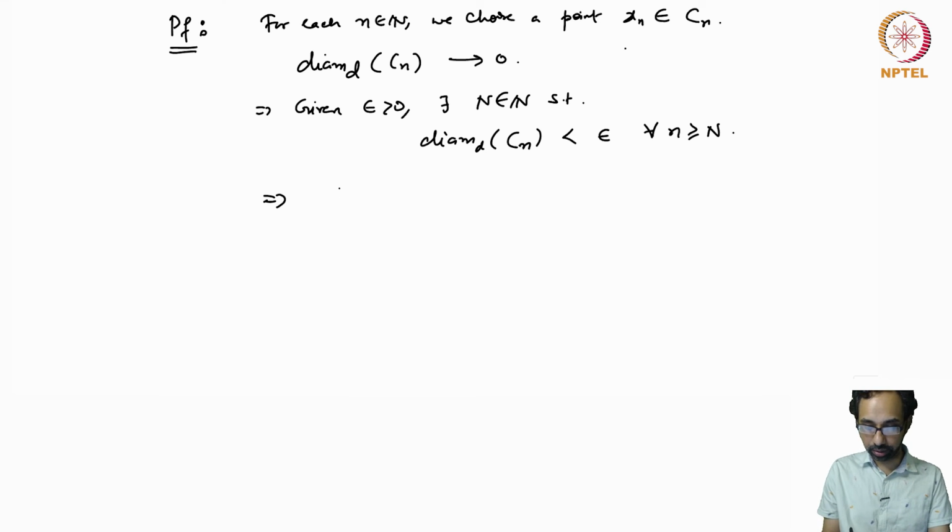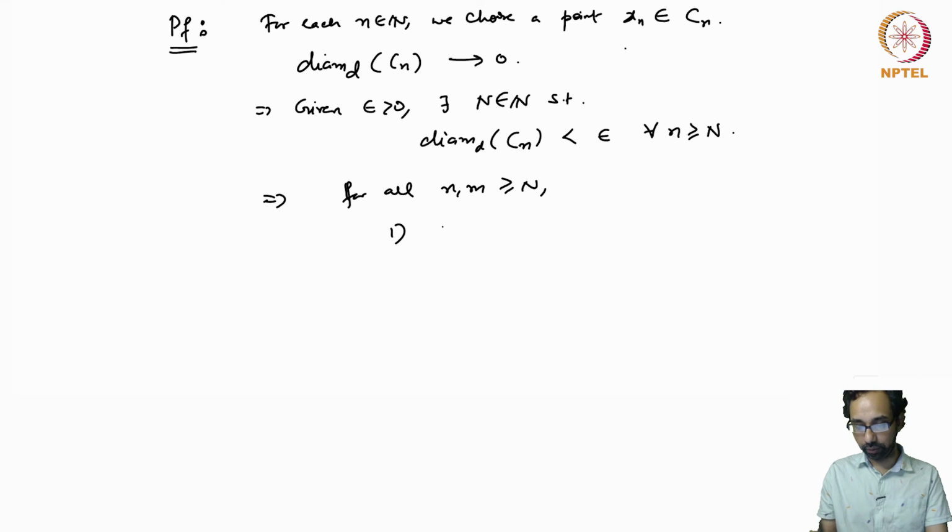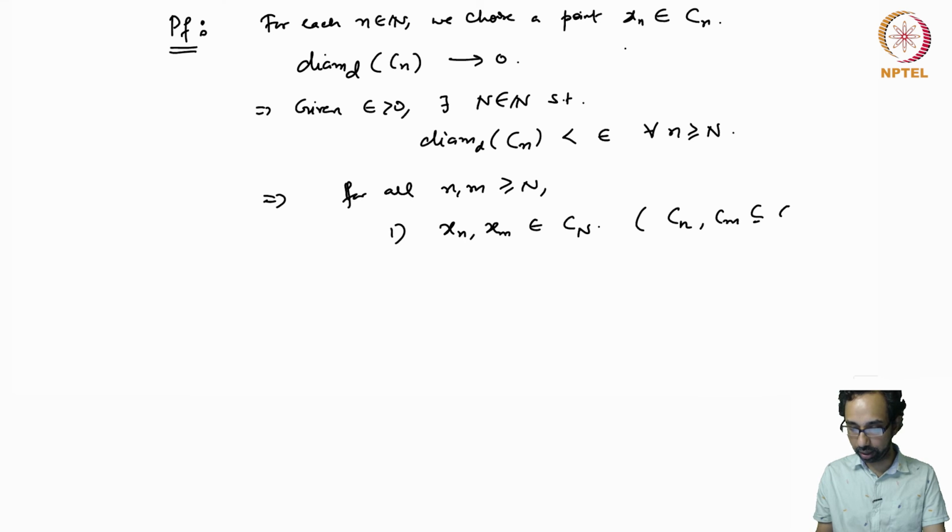And this means that for all n and m greater than or equal to capital N, first of all, both xn and xm belong to CN. This is because Cn and Cm both are subsets of CN.